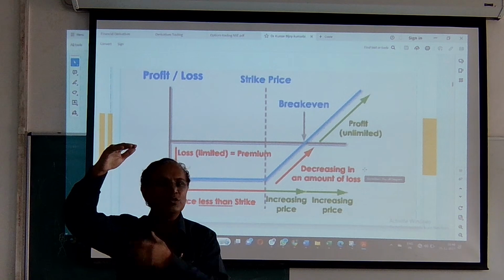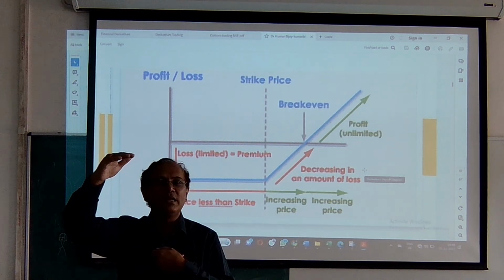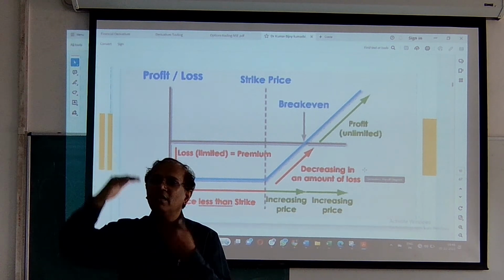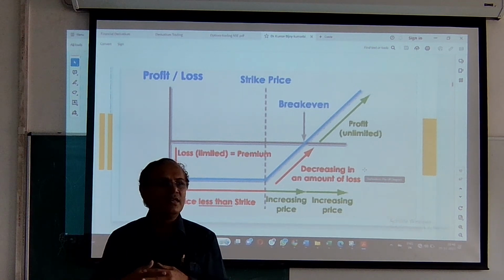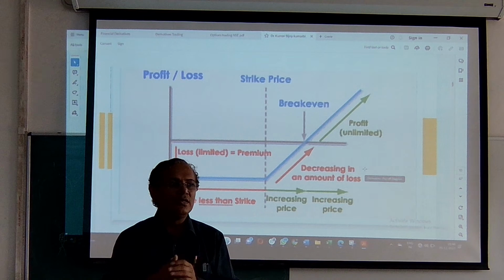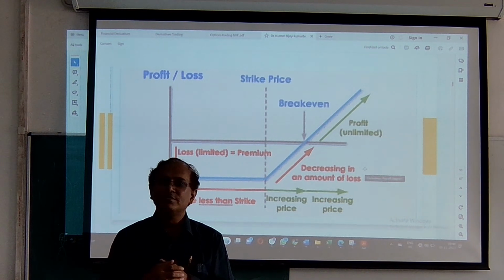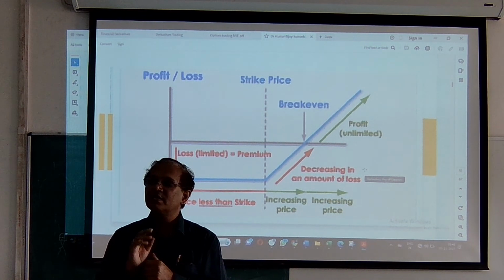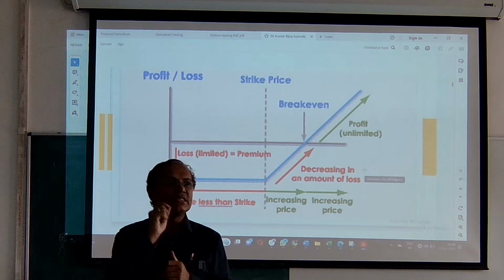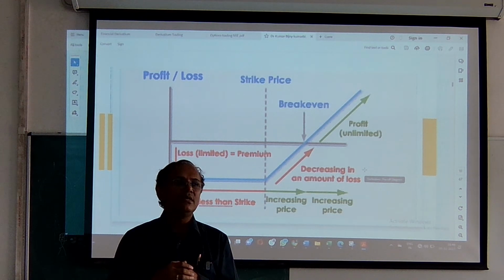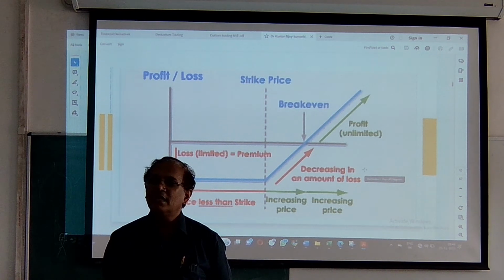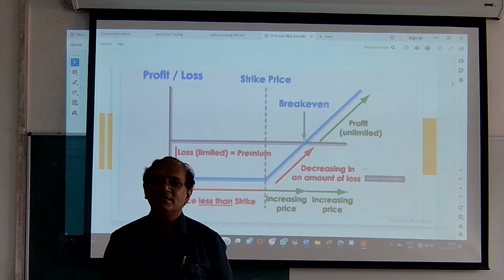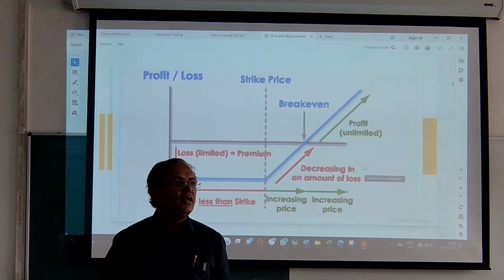So the rule is to set the strike price as high as possible. Why 83.56? Set 84, and the chances of exercise will be very little.